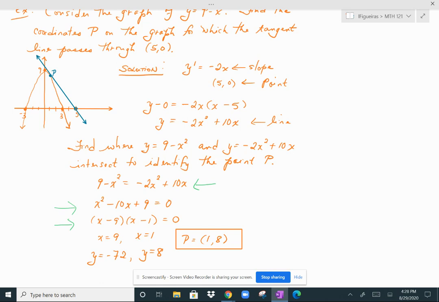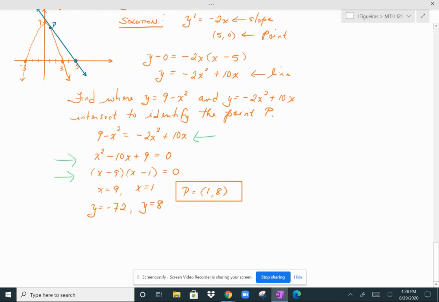In order to find out what the y values are, you have to plug them into, remember, 9 minus x squared. So if you plug in x equals 9, you get y is negative 72. Well, this set, (9, negative 72), is in quadrant 4, so this can't possibly be an answer.